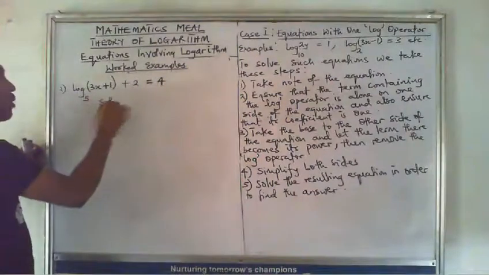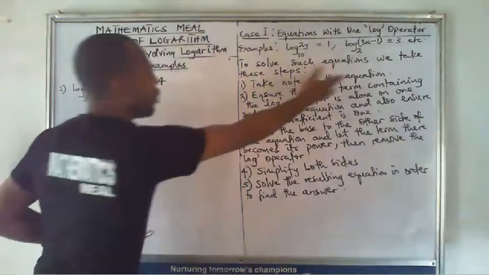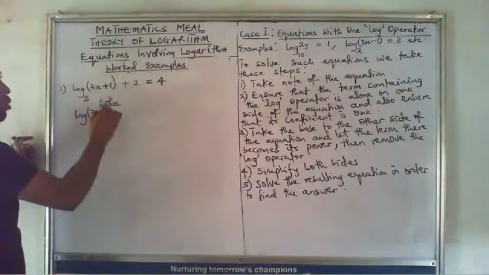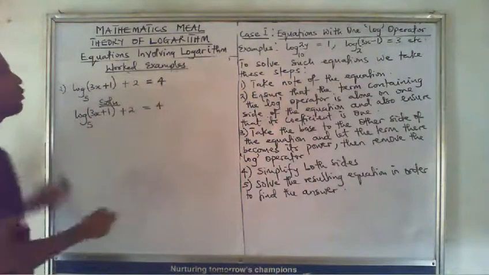We already have our principles, so we don't have a problem. We have our steps. So we say take note of the equation. We have taken note of that. Log 3x plus 1 base 5, then plus 2 is equal to 4.